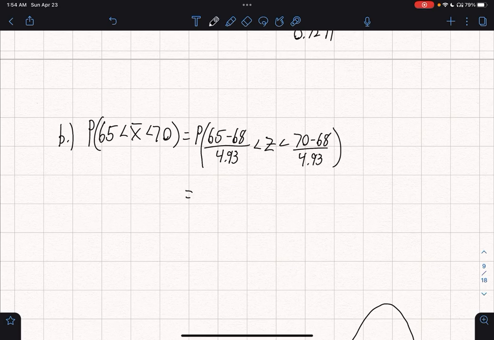This will simplify to probability between negative 0.61 and 0.41.